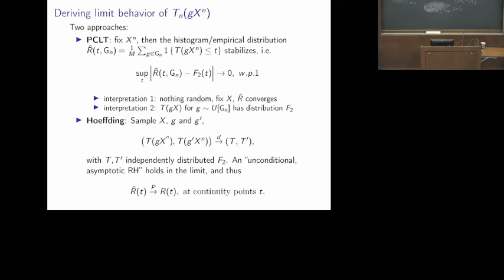And so the object of interest is the empirical distribution function of the permuted test statistics. So if I'm just enumerating the G's and I'm fixing the X, this is not a random object, but I'm conditioning on the realized X. And I want to ask in the supremum norm, what am I stabilizing to? Okay, so if I'm getting that, this reads really exactly as what we've been drawing on the board and interpreting. It's telling me that for my given X, my histogram is stabilizing to F2 in a way that also matches very much with what we're thinking about visually.